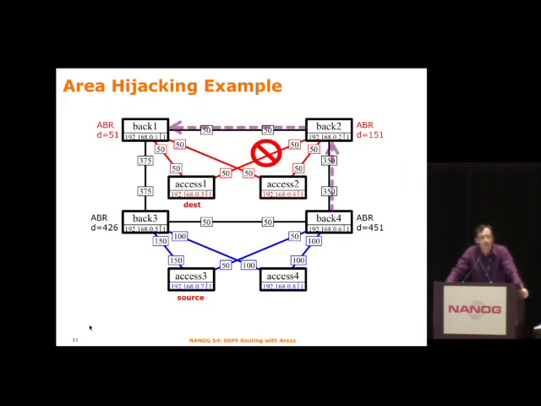Back 4, when it wants to compute its shortest path, sees that it now has a shorter path by going through back 2 to back 1, and then using the distance that back 1 advertised. And then once again, access 3 in the blue area will compute its path using back 4. And so this means that it computed a path and distance that was based on this path. But when the traffic reaches back 2, it will discover that it has an intra-area path and use that instead of forwarding to back 1 along the shorter path. And so the actual traffic will zigzag through one of the access routers on its way to the other one.